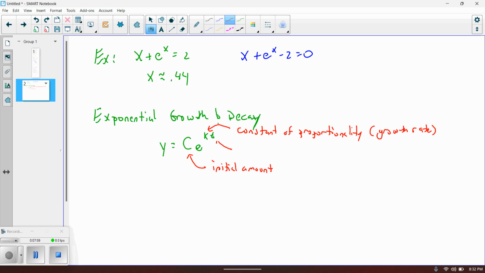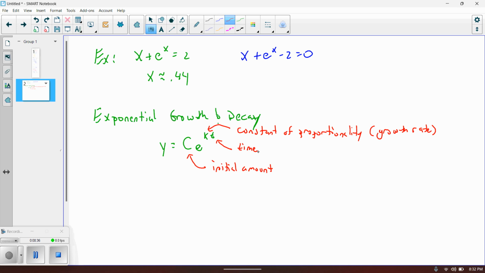T, as you might expect, represents time. And then e is the number e. Y is what we're ultimately going to get for an answer. So those are the important pieces of information that you need to know for exponential growth and decay. Again, this is for if you are experiencing what is called natural growth or decay. Some of the most common applications of this are bacterial growth or half-life of an element or something like that. And that's pretty much what we're going to deal with here.